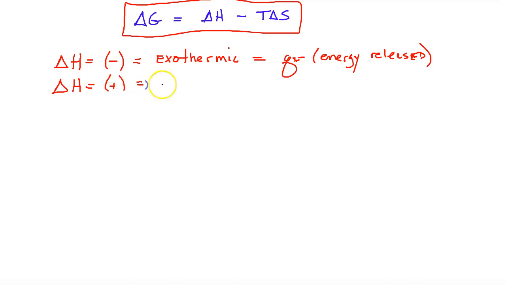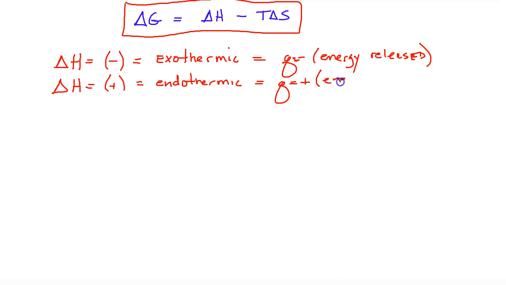Okay, when delta H is positive, this is an endothermic process. I should say process because there are chemical reactions and physical reactions, phase changes. Q, of course, is positive. Energy is released, and energy is absorbed.